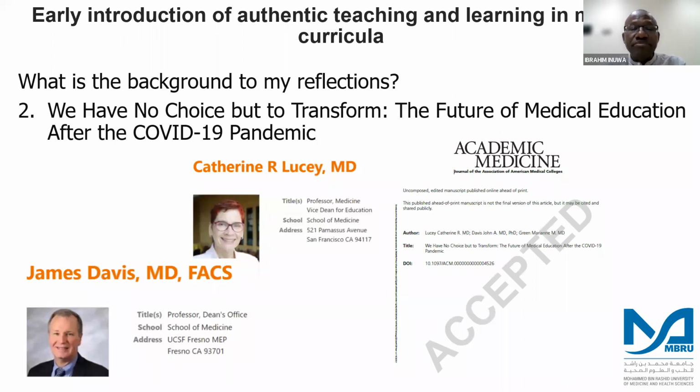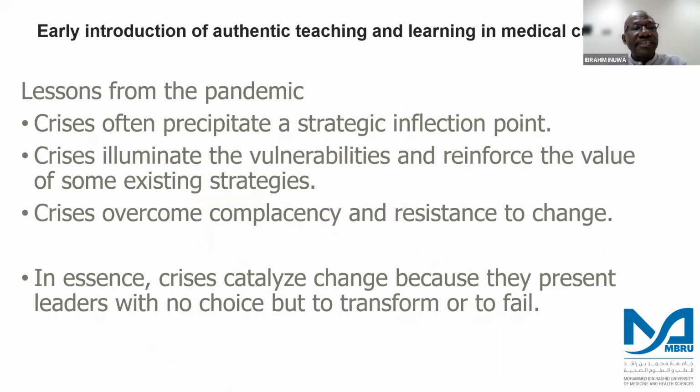And these are very senior people, by the way, in health professions education. They reflected in the paper that whenever you have a crisis like the pandemic, it should precipitate a strategic inflection point, because crises generally illuminate vulnerabilities, and they open your eyes to say, hey, there are some things you need to do differently.